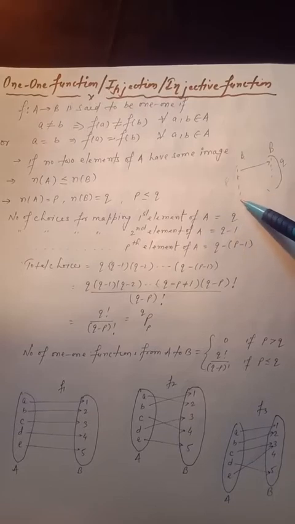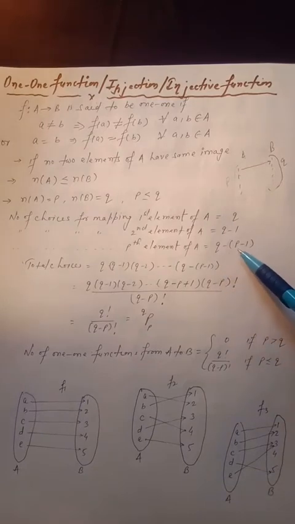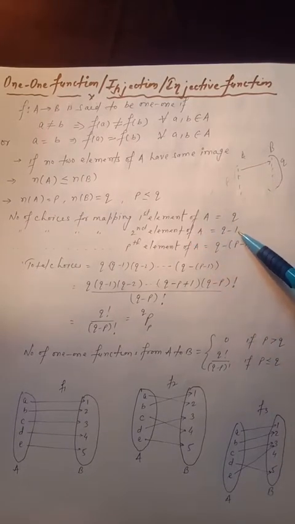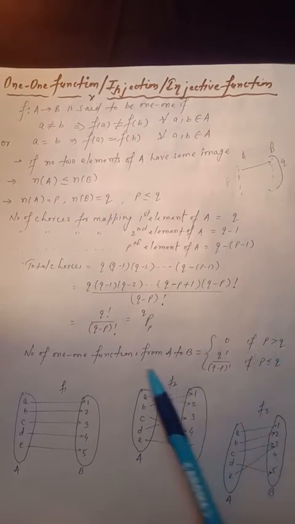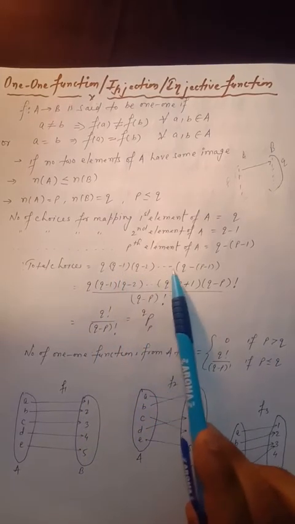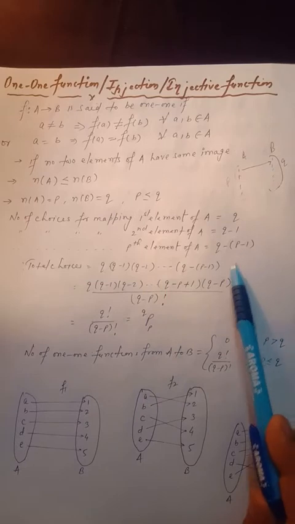So finally for pth element number of choices are 1 less, because for second element number of choices were q minus 1, for third it was q minus 2, so for pth it will be q minus (p minus 1). So by fundamental principle of multiplication we can say total number of choices will be q into (q minus 1) into (q minus 2), and finally it is (q minus p plus 1).